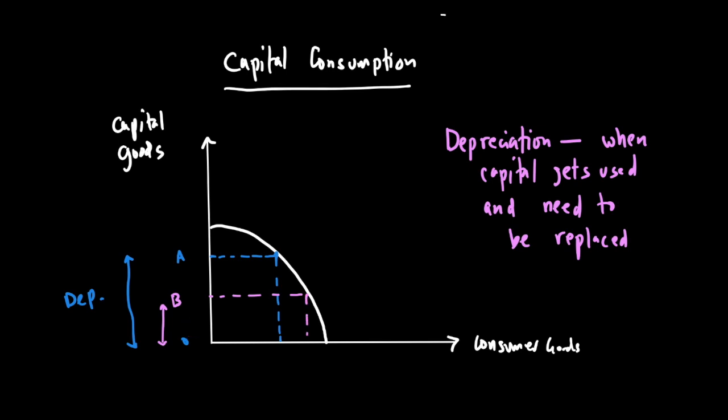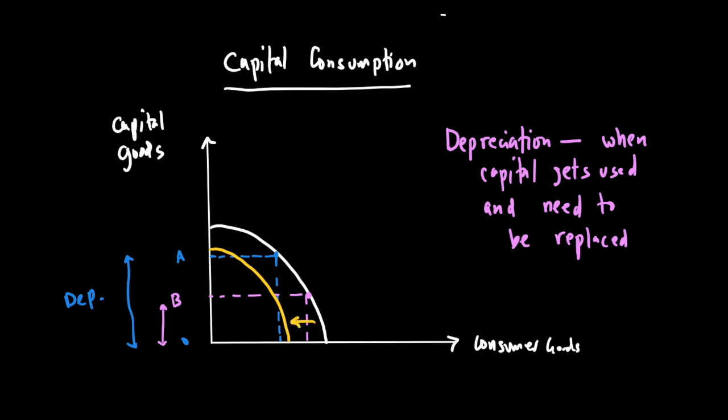Why? Because you decided to have more consumer goods. So let's say you decided to be at this point. Now, the result of more consumer goods today at the expense of capital goods would not be good for the economy, because now suddenly you don't have enough capital stock and your PPC will as a result shift backward. Does that make sense?